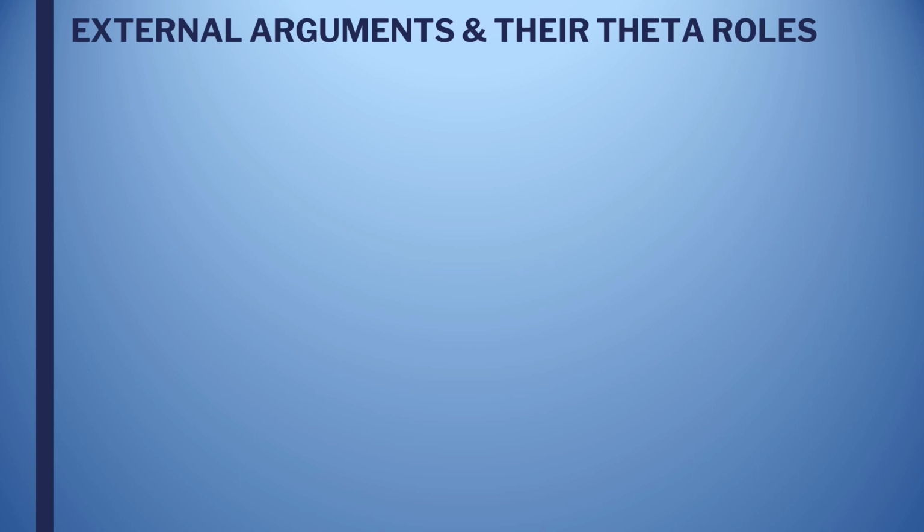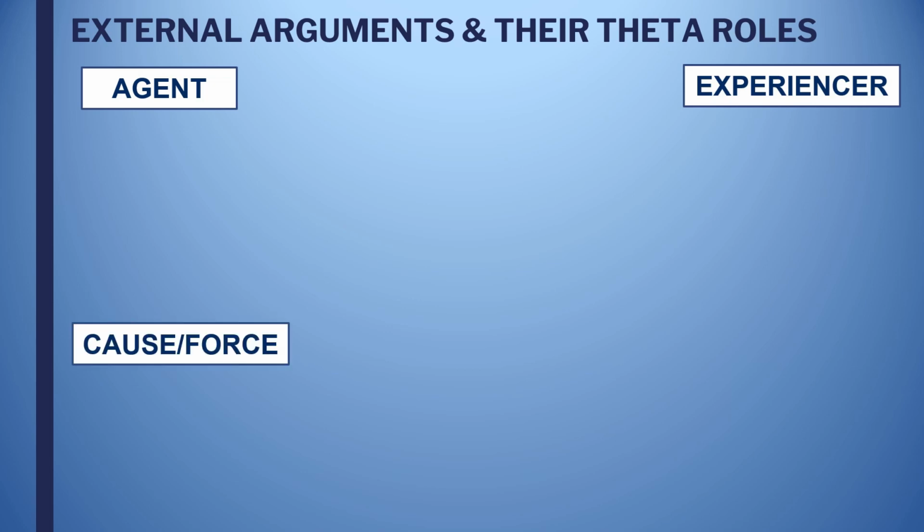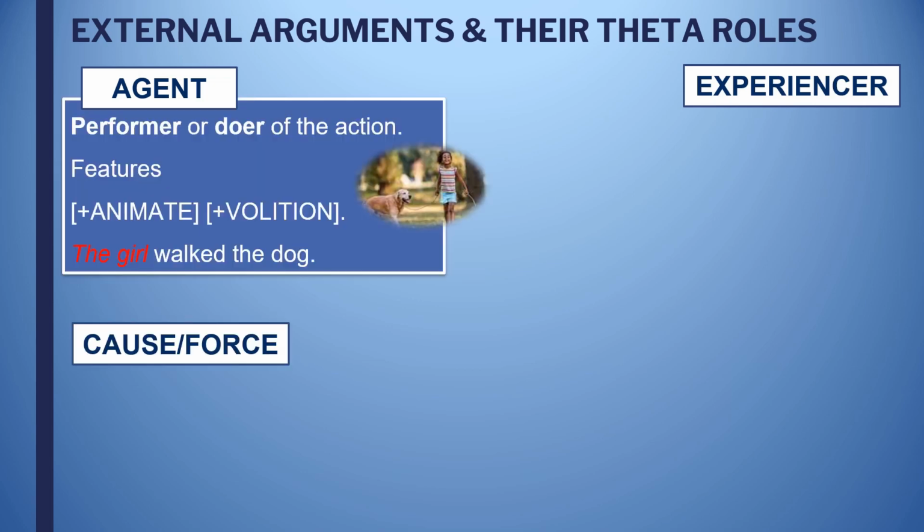Let's observe first the theta roles that are associated with external arguments in an event. These are the theta roles of agent, experiencer, and force or cause. In the sentence, the girl walked the dog, the DP, the girl, is the verb's external argument and it receives the theta role of agent because it is the performer or doer of the action and it has the features plus animate, plus volition.